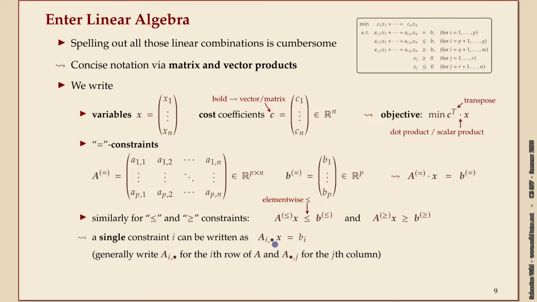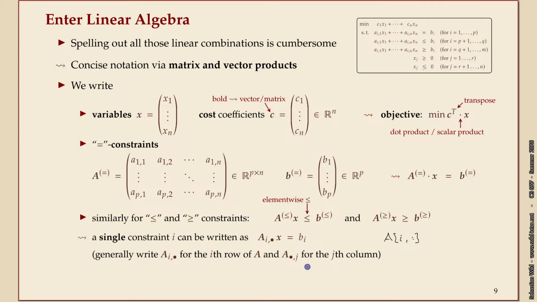Python notation would probably be something like A and then i colon. Most languages have some way to say this, so colon instead of the bullet. But in the mathematical notation, this is more standard. And you can do the same for columns. Is that notation clear so far?